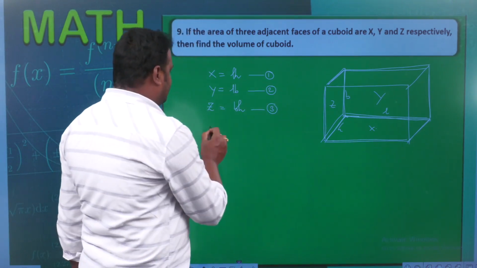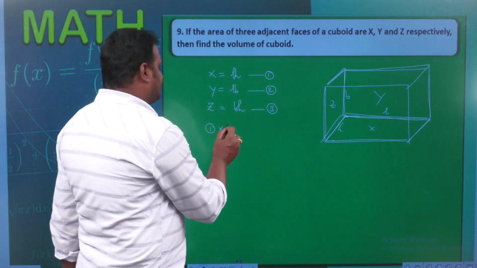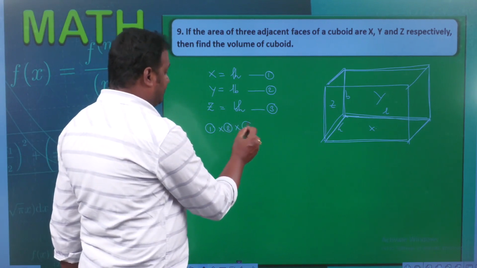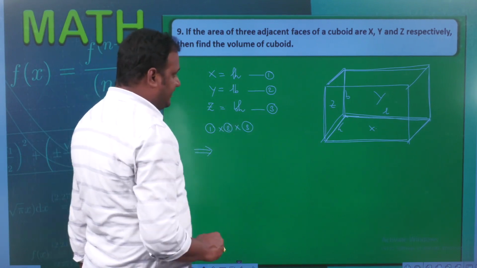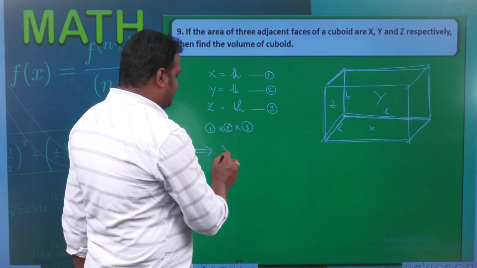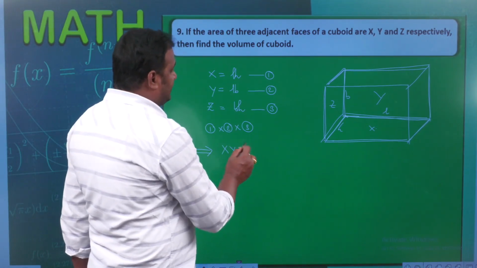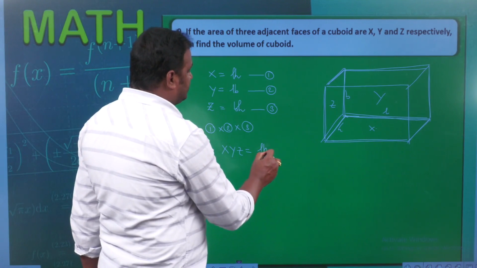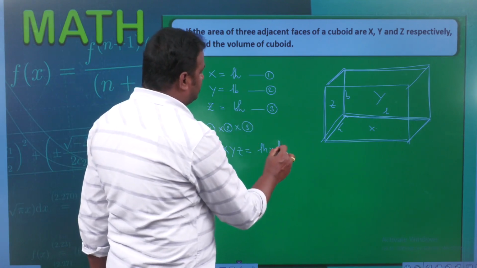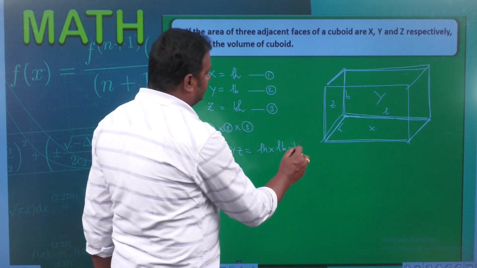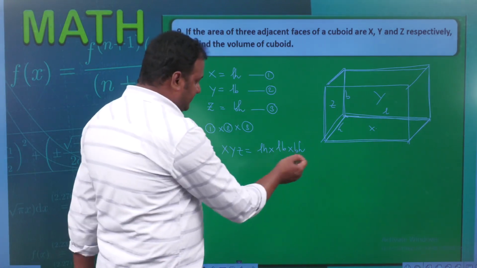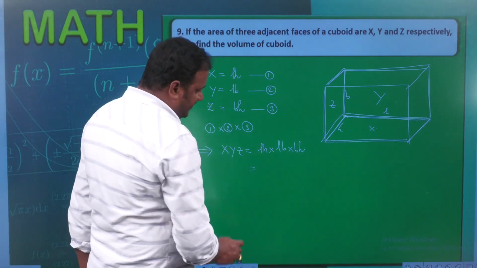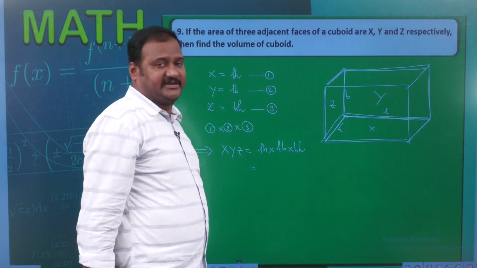I am going to multiply first equation, second equation and third equation. Then what do I get here? When I multiply left hand sides, x into y into z is equal to L into H, L into B and B into H. When you observe all these three terms, L repeated twice, B repeated twice, H repeated twice.